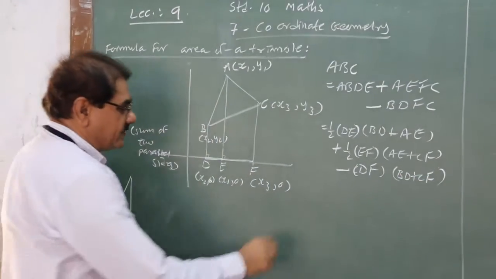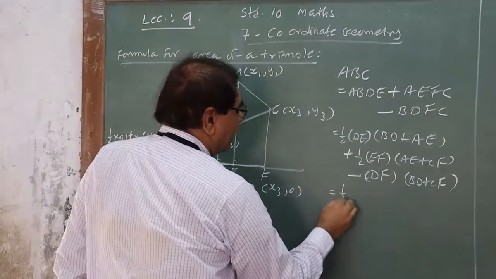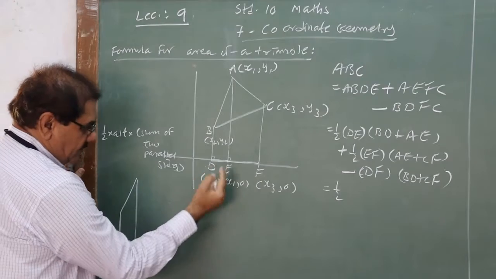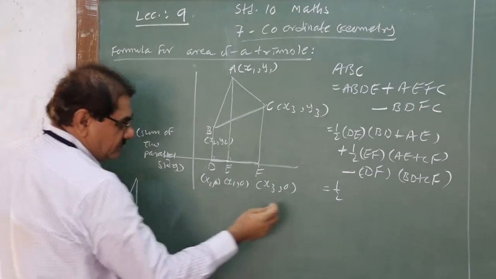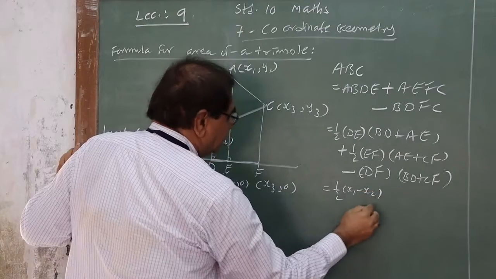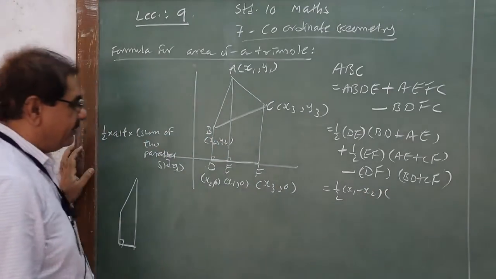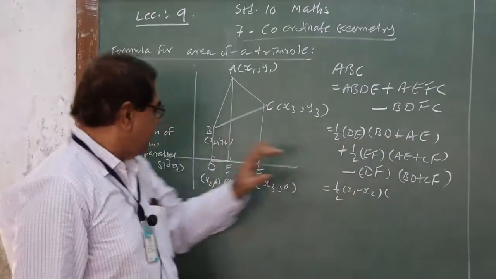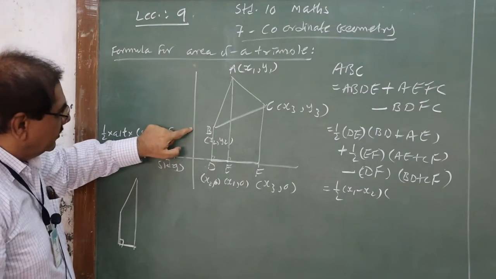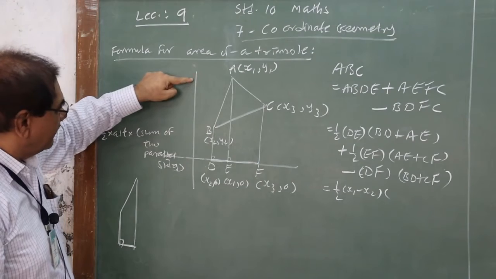Now we plug in the values for them. 1/2. What is DE? DE is x1 minus x2, into bracket BD plus AE. What is BD? y2. What is AE? y1.